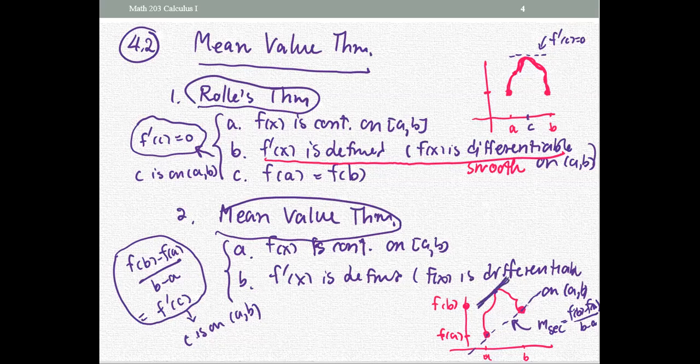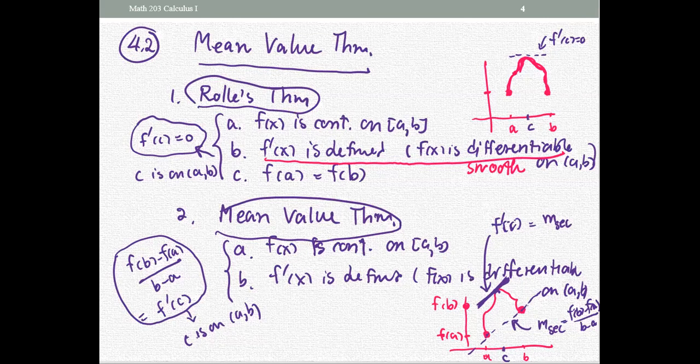This tangent line occurs at the point C, and C is between A and B. The f prime at C can be found, and it's the same as the slope of the secant line passing through the two endpoints. So this is a summary of the mean value theorem, or section 4.2.